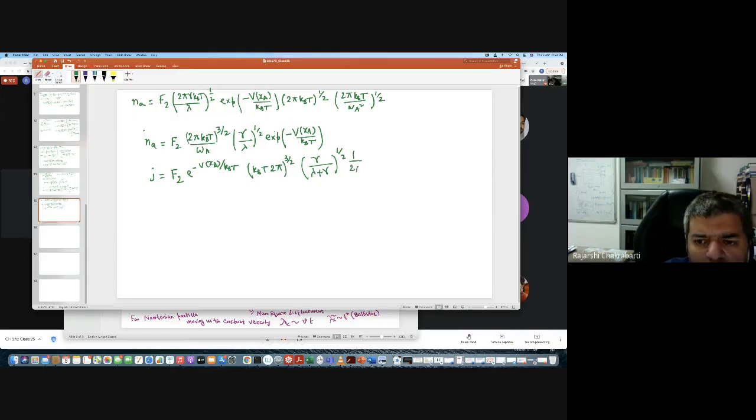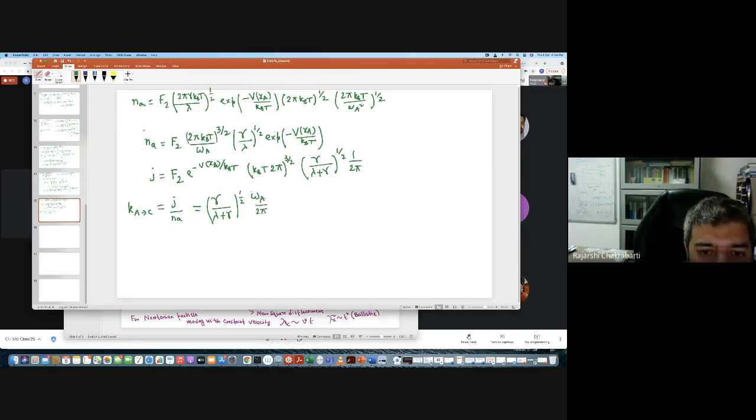One by twice pi. You can go and check. That was the expression for J. So k going from A to C, the steady state rate, is the flux over population. And this is going to be gamma by lambda plus gamma whole to the power of half, omega_A by twice pi.